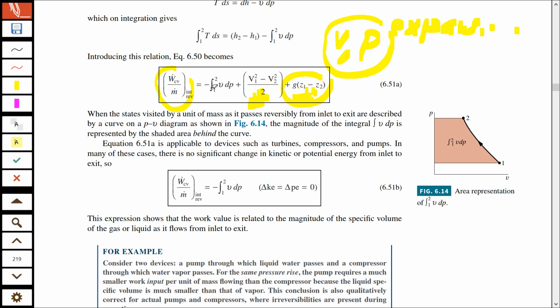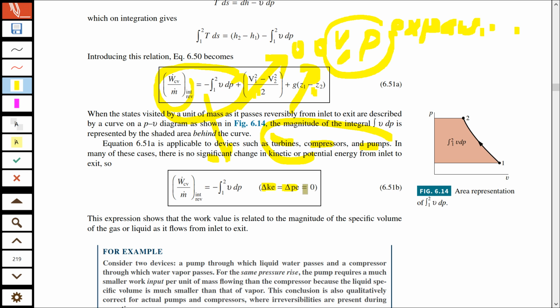So that's the purpose of this derivation. And if you assume that in many cases, just like turbines, compressors, pumps, in those applications, the change in kinetic energy and change in potential energy is insignificant. So you have a simplified picture.